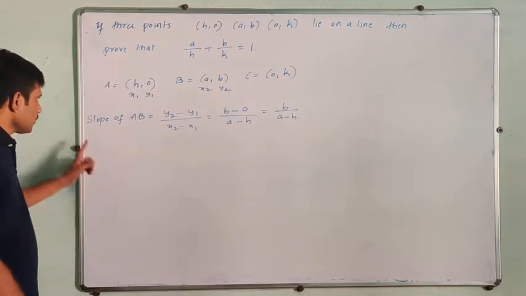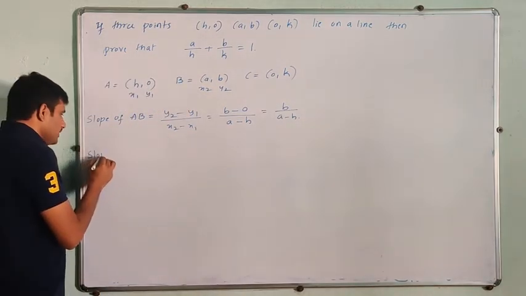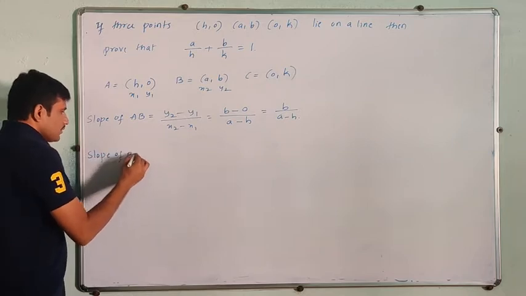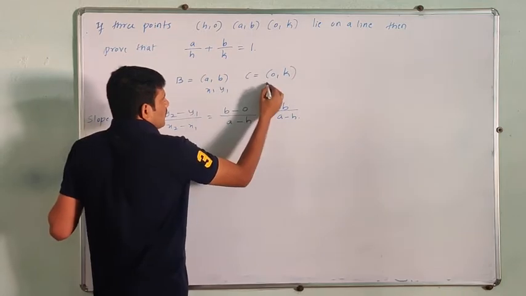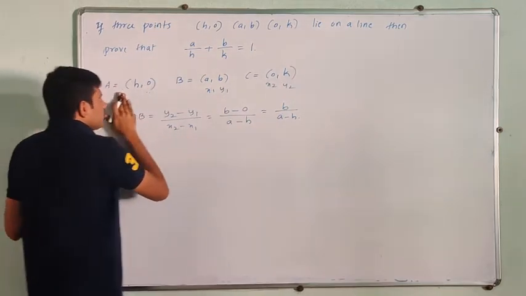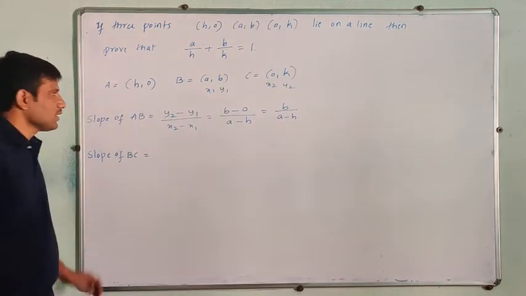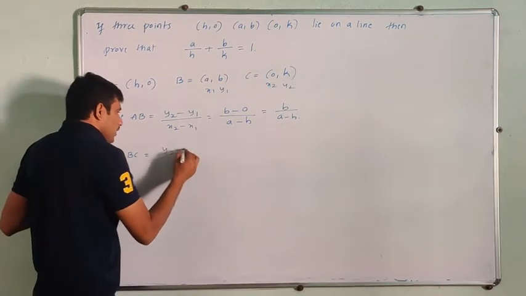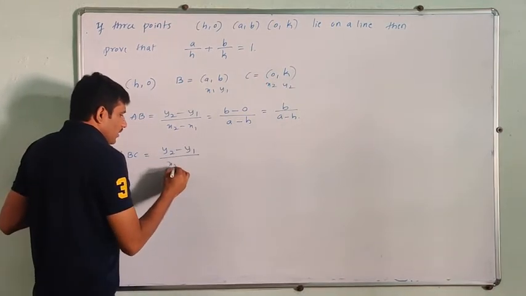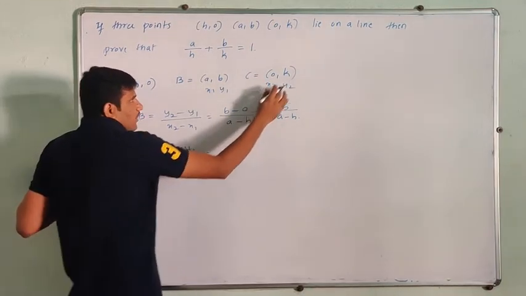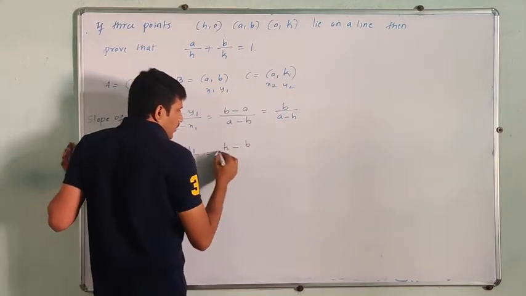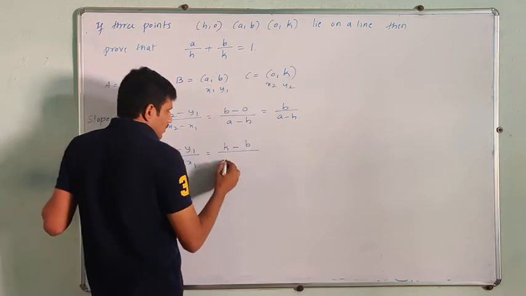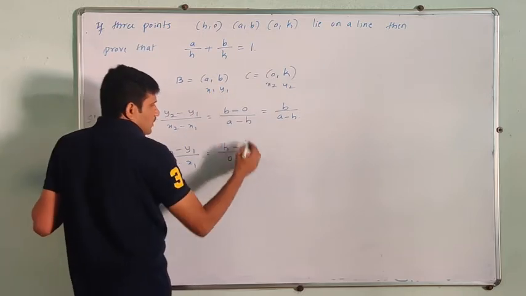Is it clear? Then I find slope of BC. Where this is x1, y1, this is x2, y2. So that is y2 minus y1 divided by x2 minus x1. What is y2? y2 is k minus y1, y1 is b, divided by x2 which is 0 minus x1 which is a.